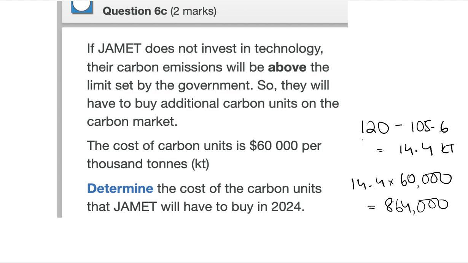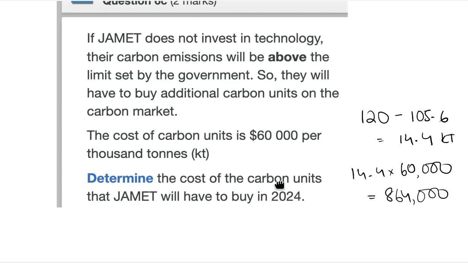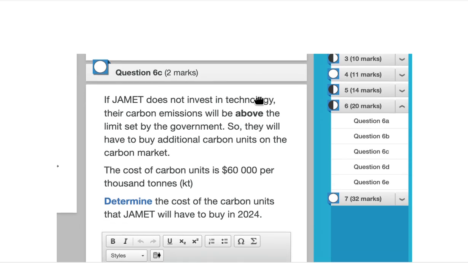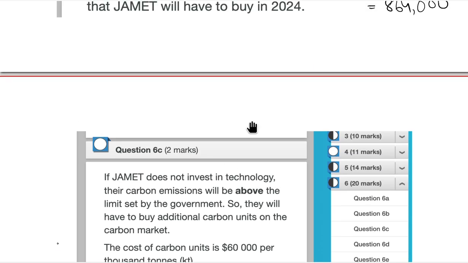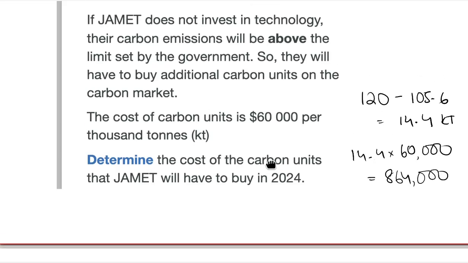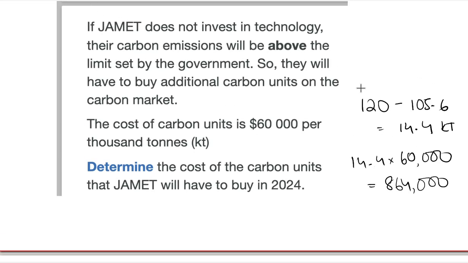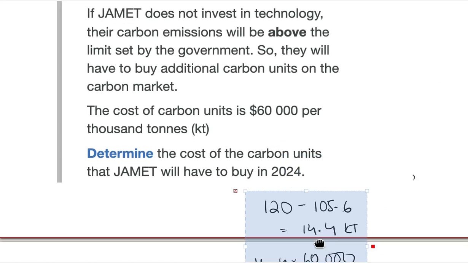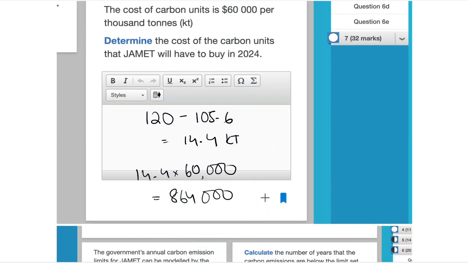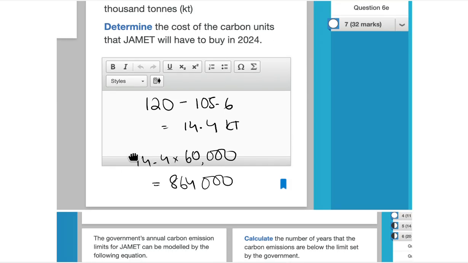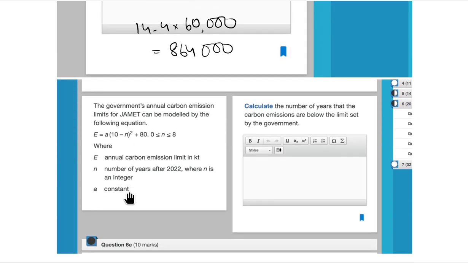Okay, so that would be your answer for 6 part C. That's our last question for the day. We'll have a crash course on question number 7 soon. We will solve many question number 7s at the same time.